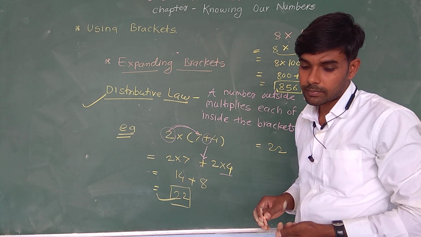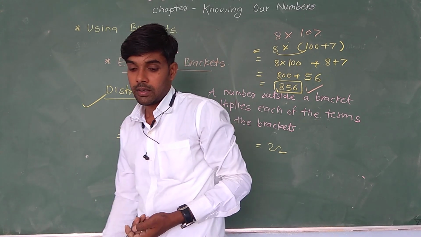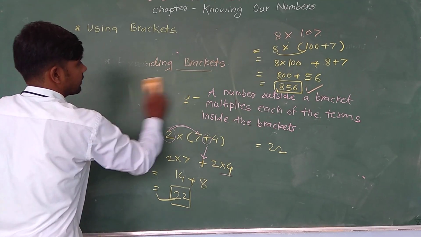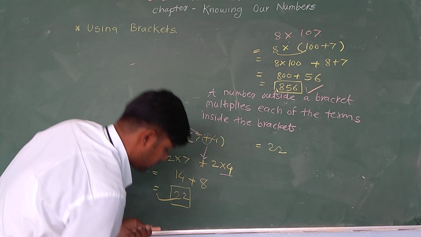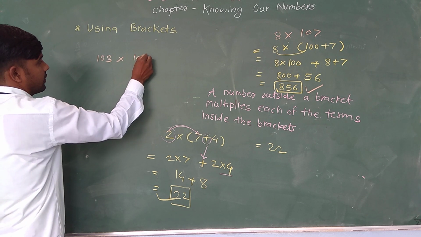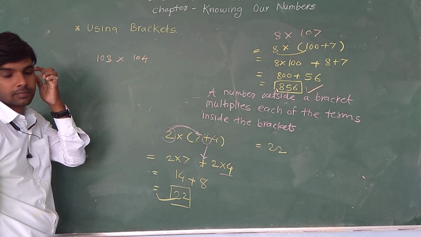Look here, 103 multiplied by 104. Second example, look here, 103 multiplied by 104. How to solve this?